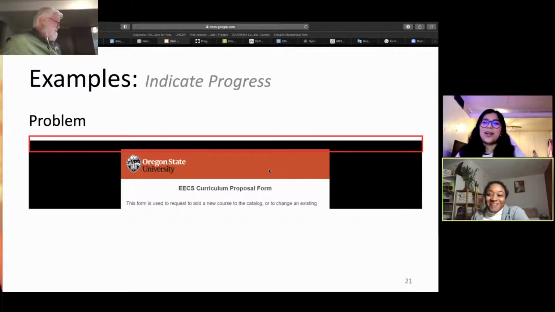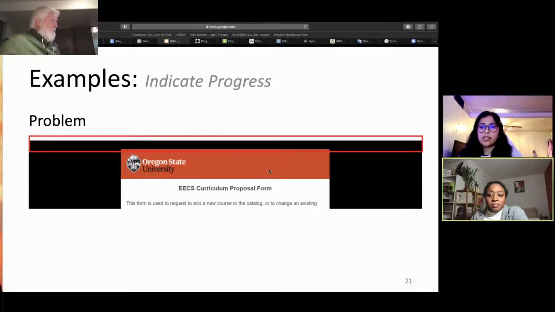When filling out this form originally, there was no indication of how long it would take to fill it out or how much progress had already been made. So if we take the example of Abby, who doesn't like to waste time or doesn't like to use technologies that might take too long.